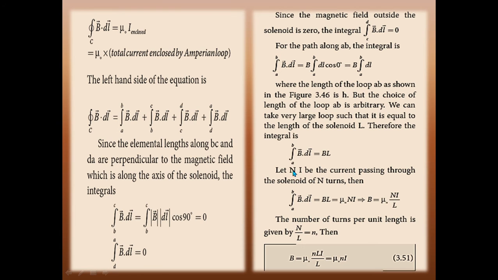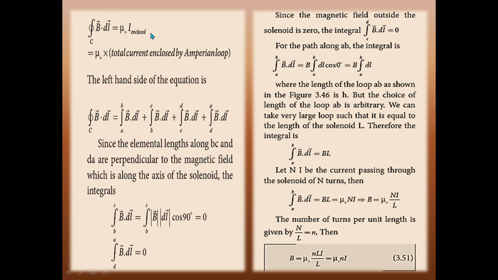Let capital N be the number of turns in the solenoid and I represent current. NI is the current passing through the solenoid of N turns. Then integration of A to B, B vector dot dl vector is equal to B into capital L, which is equal to, from Ampere's circuital law, mu naught into I enclosed. So comparing these two equations, BL is equal to mu naught into I enclosed.